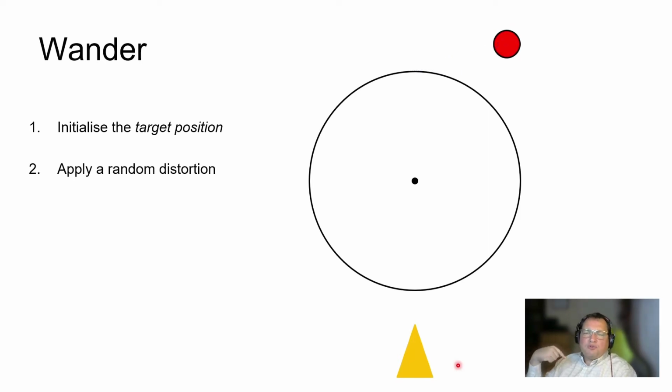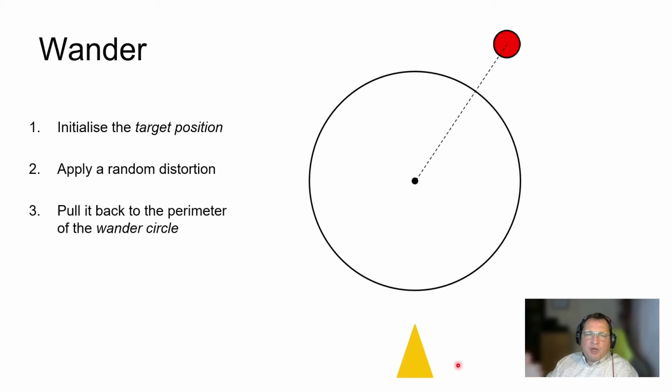And now we are ready for the third step of the algorithm: pull it back to the perimeter of the wander circle. As you remember, the agreement was that the target will always be somewhere on the perimeter of the wander circle. So here it is. And it's a nearly complete first cycle of the algorithm.